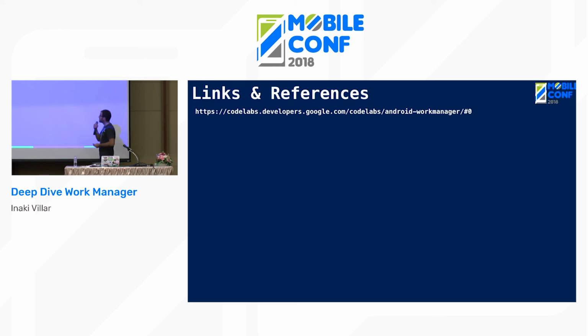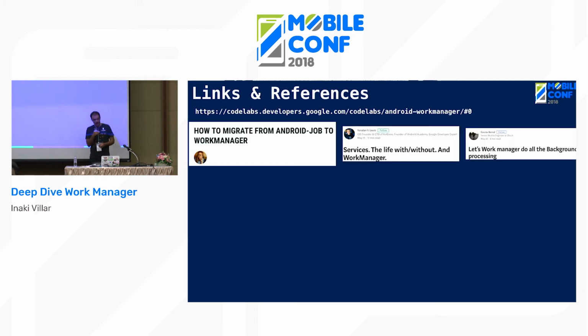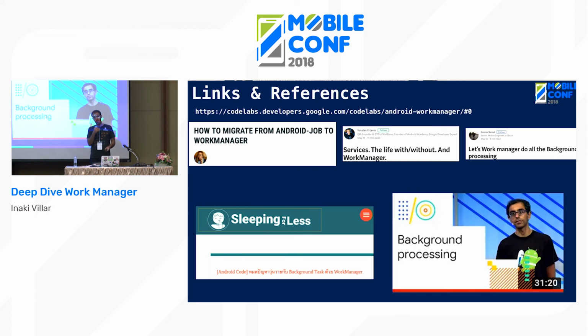Okay, about links and references of this talk. We have the codelab, for example, of the WorkManager. That's something that is always very good to play with a little bit. Then if you search in Google, there are thousands of Medium articles, but there is this article from Egg, the previous speaker, about WorkManager that is very complete, so I think that is the longest one.